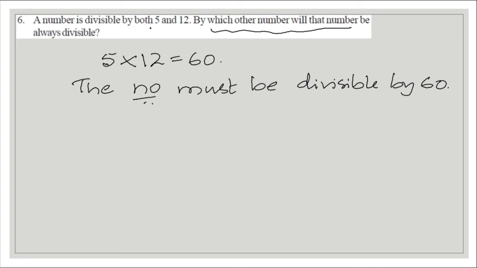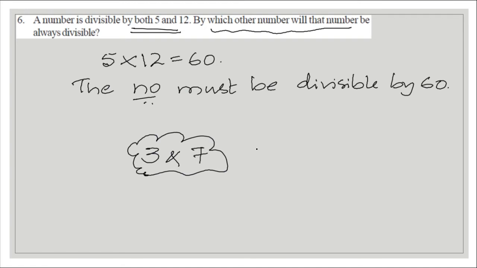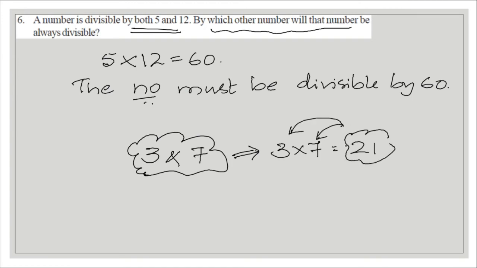So for example, in some other question, if they give a number is divisible by both 3 and 7, which other number will divide that number? Which means I need to multiply them. I'll be getting 21. This 21 is divisible by both 3 as well as 7, and this number is also divisible by 21. Understood? Let's see the next question.